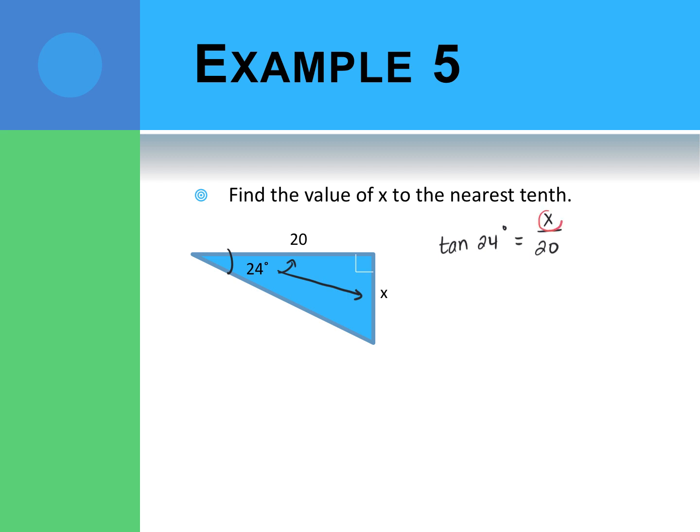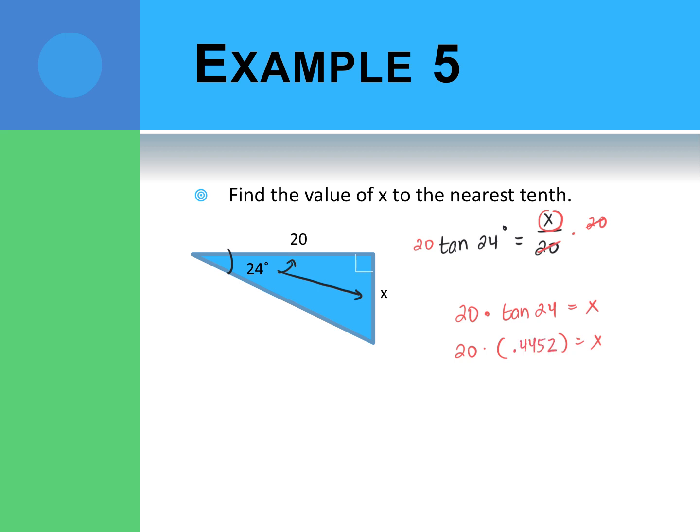We're solving for x. If I want to solve for x, I know that I have to multiply both sides by 20 because that will eliminate my denominator. So now I'll have 20 times the tangent of 24 equals x. So I just come to my calculator, and you don't have to write this out. I'm just going to do it to show you. I'm going to do 24, and the tangent of 24 is 0.4452.